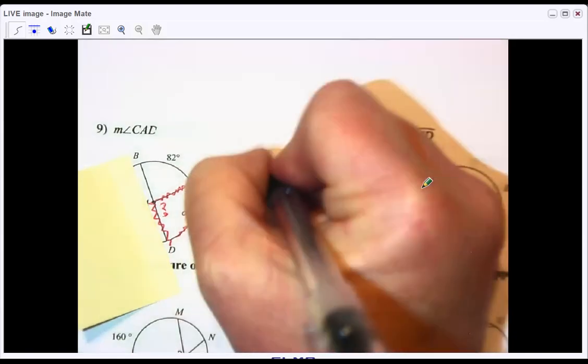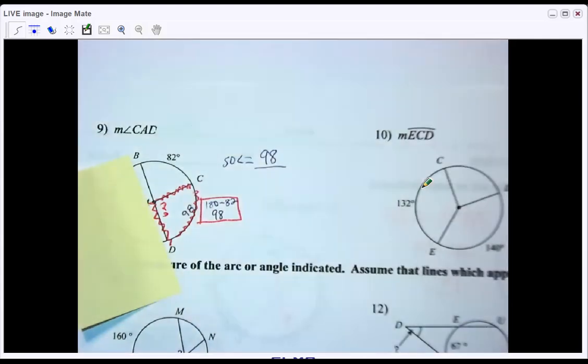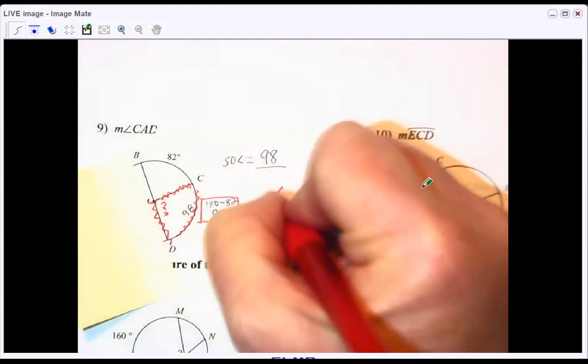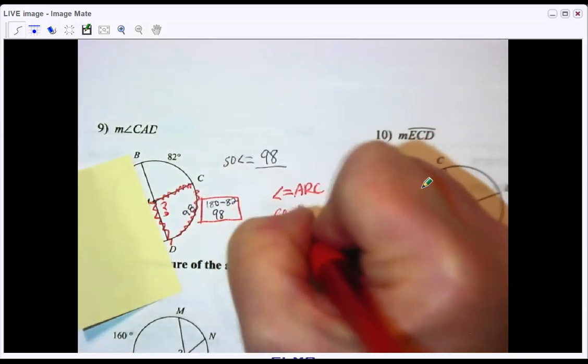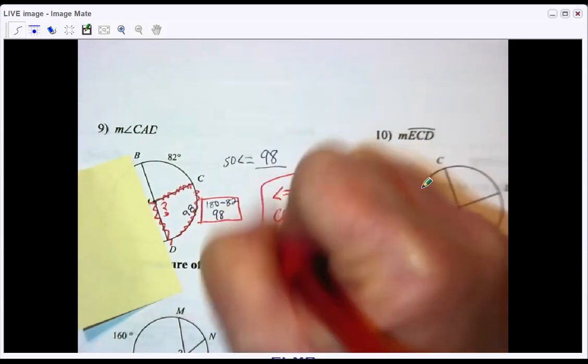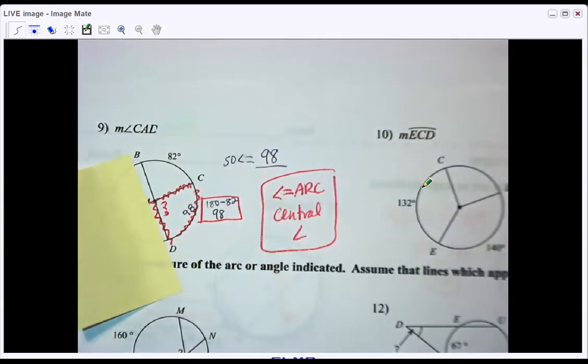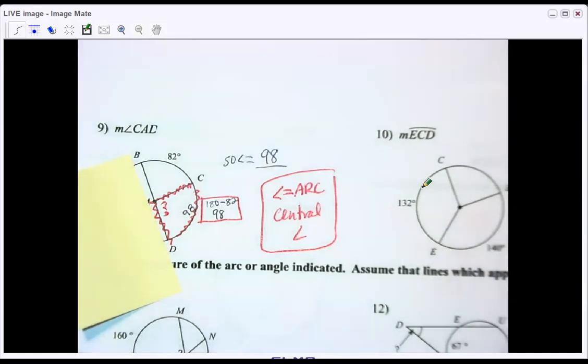So the angle is equal to 98. The angle is equal to the arc, the central angle. Write that down. These are the only ones that we're not going to divide or multiply by 2 because they are equal. The angle is equal to the arc and the arc is equal to the angle.